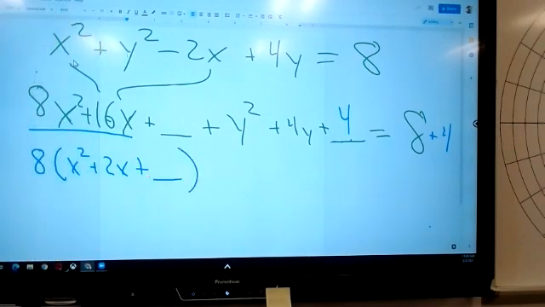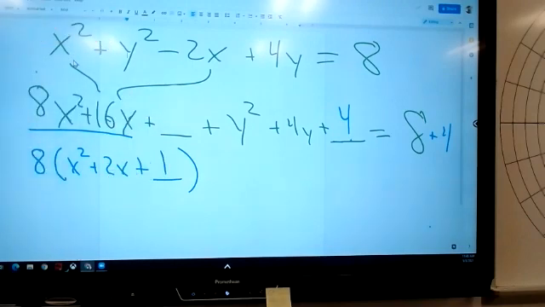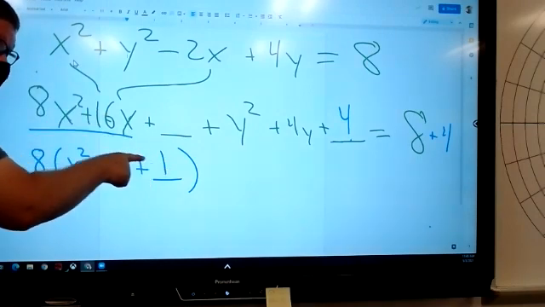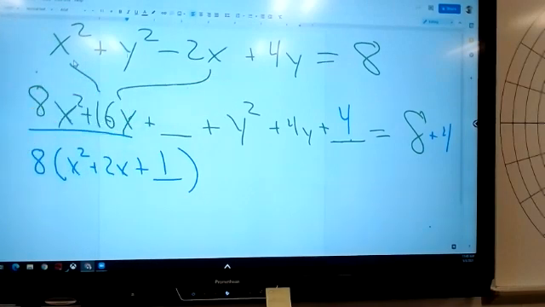Do you agree with that? Now, what do I do with 2? Cut it in half, because this is just a 1, right? So cut in half, 1. Square it, 1. What do I put on the other side though? 1. No. I put a 1 in here. What do I put on the other side? 8.